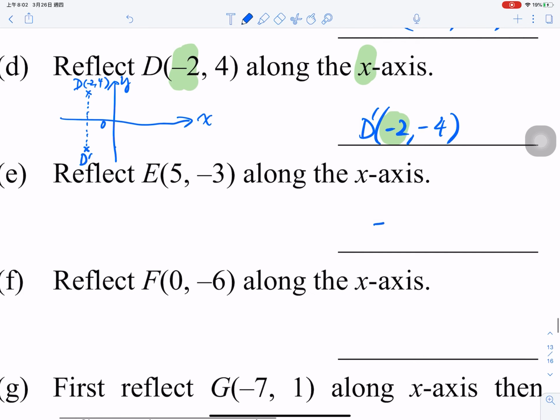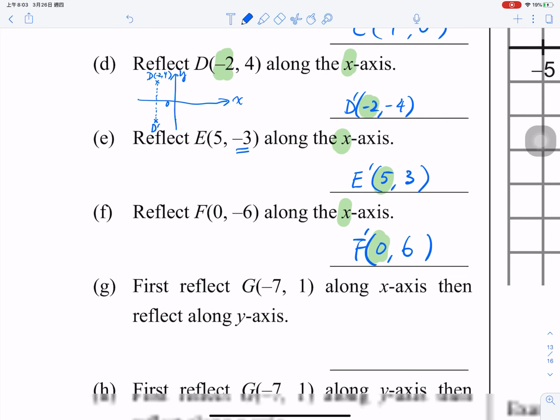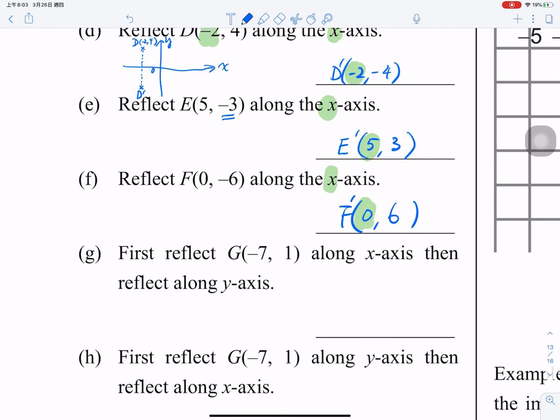Okay, how about the image of E? Again, keep x, no change. (5, -3) becomes (5, 3), correct. Okay, F, image of F. Keep it, no change on the x, so 0 here. 6 becomes -6. So the image of F is (0, -6).